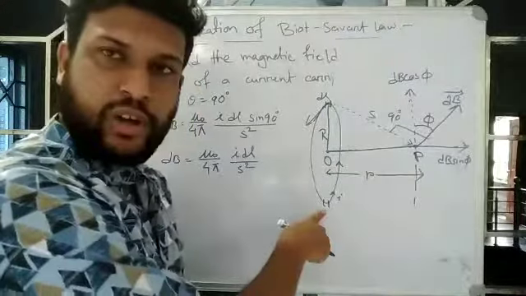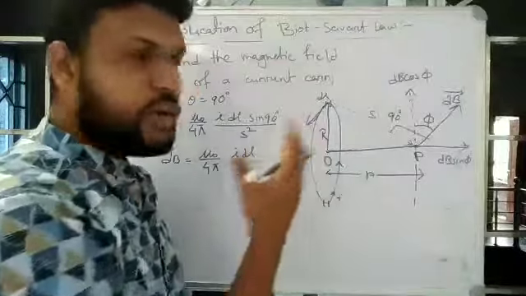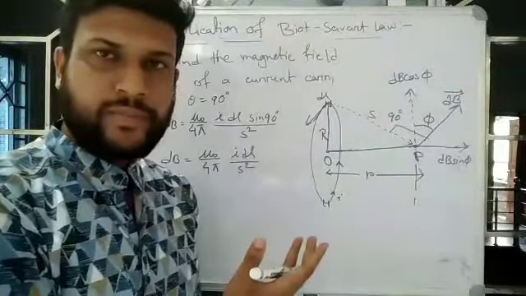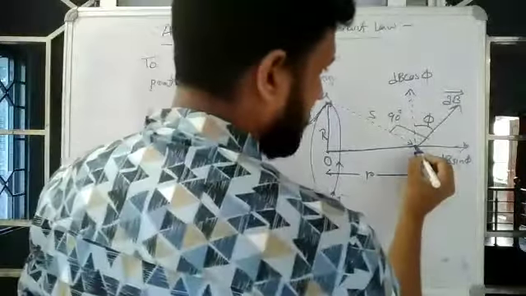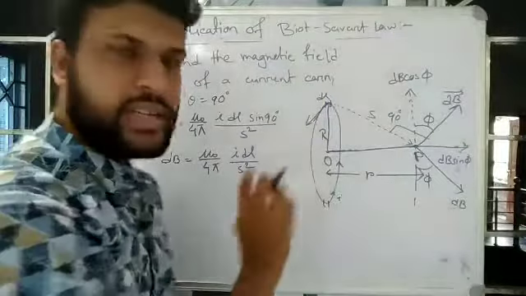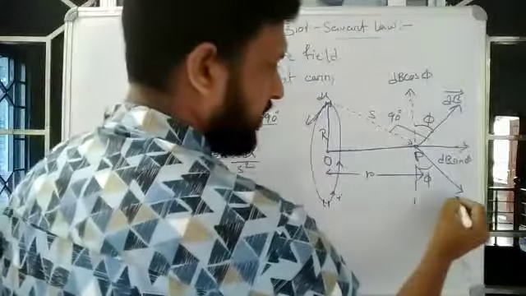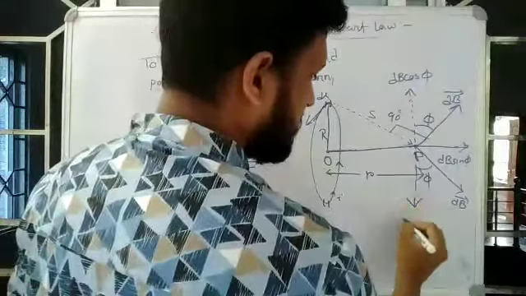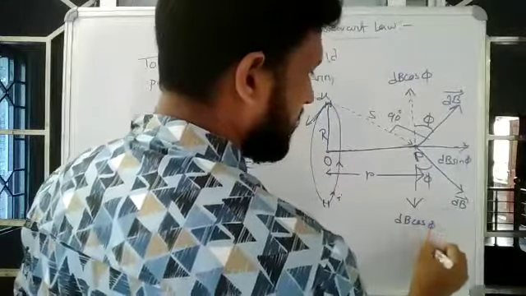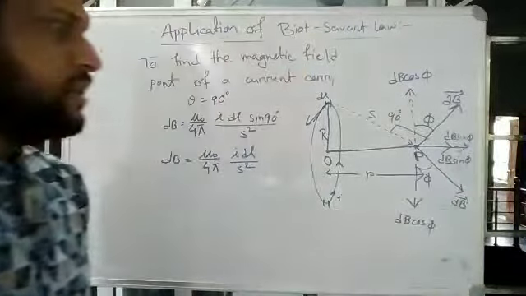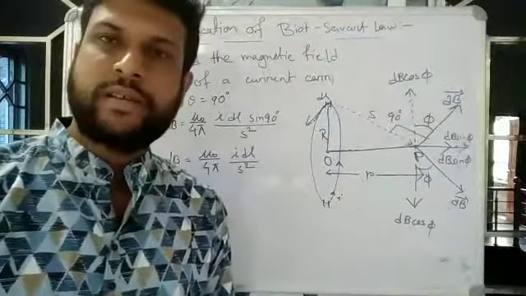So for this dL also you will get the same value of the dB, because everything value-wise remains same, but here the direction will be in this direction, making the same angle phi, because we have taken exactly opposite dL. So for this dB also you can do the component division. So in this direction the dB component will be dB cos phi, and in this direction another component will be dB sin phi.